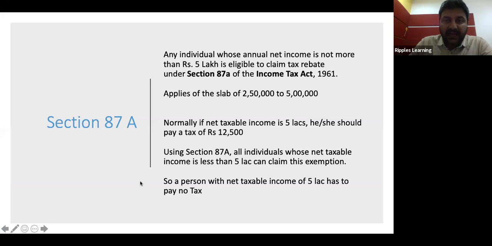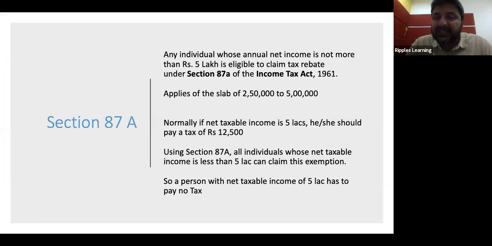Now one of the important sections that we have to understand here is section 87A. Now 87A is applicable in both the old as well as the new regime. So this is important that we understand that.